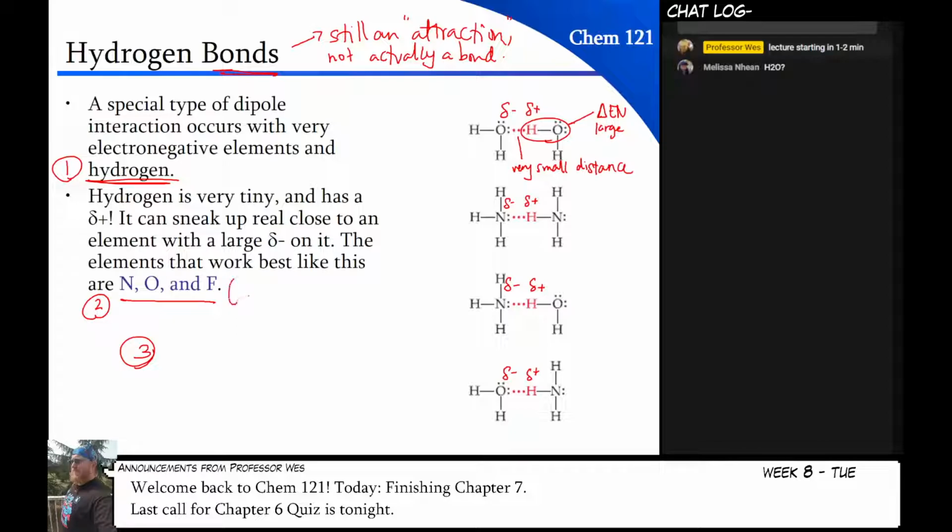I'm going to just call this X for now. The arrangement that you need to have for a hydrogen bond to occur, and we're just going to draw bonds or whatever. So here's an atom X bonded to a hydrogen, bonded to another X, which, whatever is going on over here, we don't care.